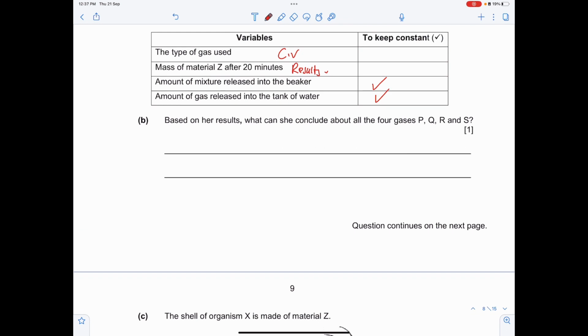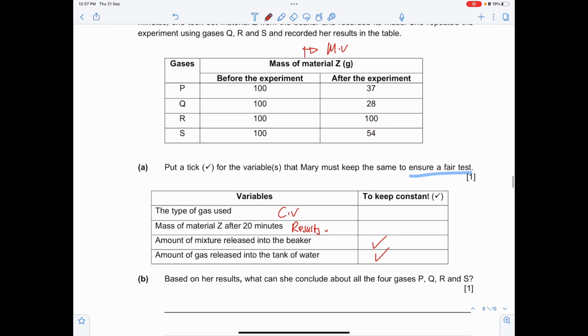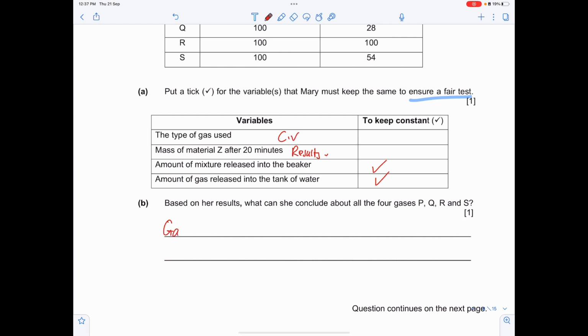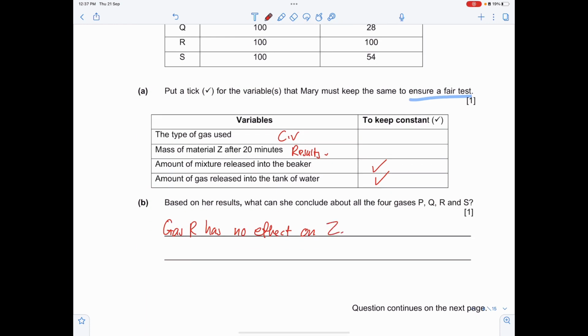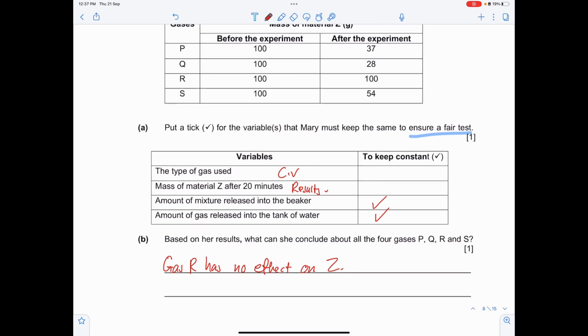Okay, gas R has no effect on material Z. Gas P, Q and S causes Z to decrease in mass, with Q decreasing Z the most.